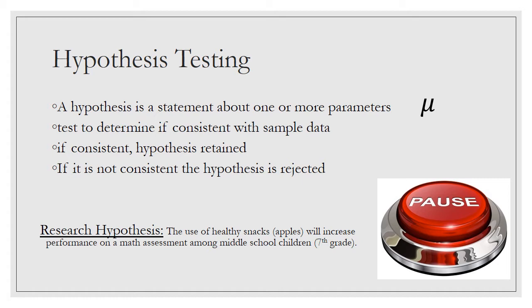Those that ate healthy snacks like our apples in our sample performed much better than those that didn't eat our healthy snacks. Then we would retain our hypothesis. By retaining the hypothesis, you're making a statement like, this is a plausible explanation of what happened. By rejecting the hypothesis, you're saying this is an unlikely explanation of what happened.